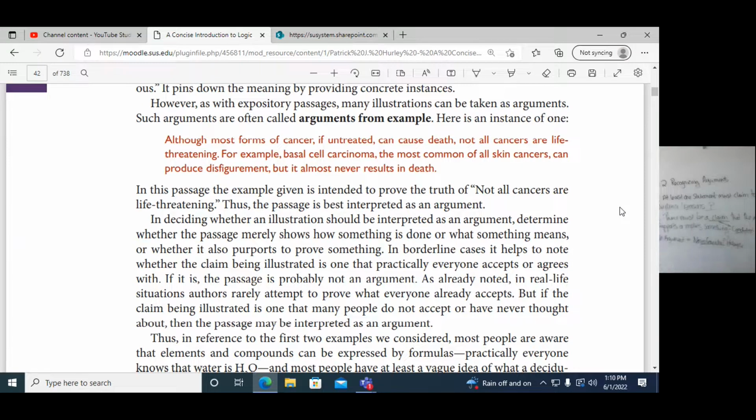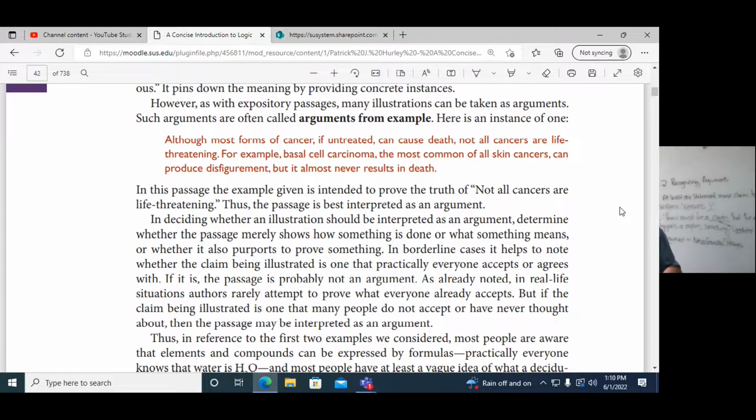This is actually an argument using an example. So let's take a look, because this has at least one statement that must claim to present evidence or reasons, and then there is a supported claim here. Although most forms of cancer, if untreated, can cause death, not all cancers are life-threatening. The conclusion here is not all cancers are life-threatening.